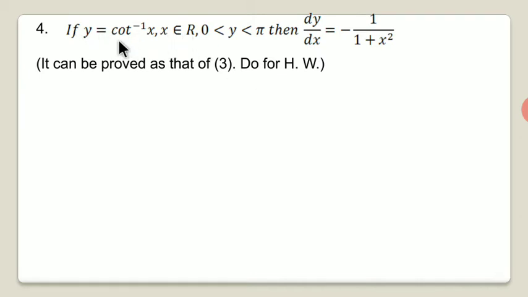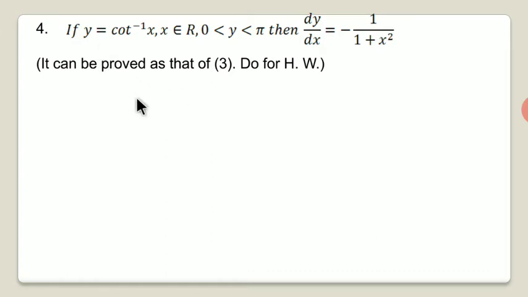We consider the given thing, and from this we get x is equal to cot y. If we differentiate it with respect to y, we get dx upon dy is equal to derivative of cot y. And we know derivative of cot y is minus cosec square y. And that cosec square y can be written in terms of cot as 1 plus cot square y.